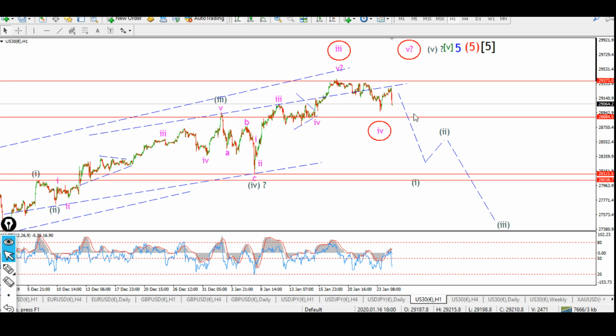Although this sharp move lower today, or this evening, might begin to rule that out. But for the moment, the main focus is still on building a 5-wave move lower. I know that everybody's sick of me saying that, but it is what it is.